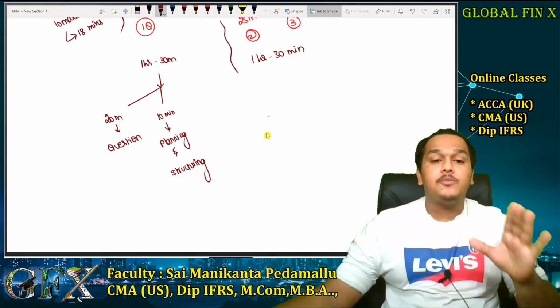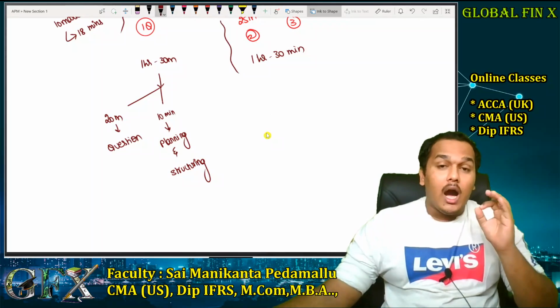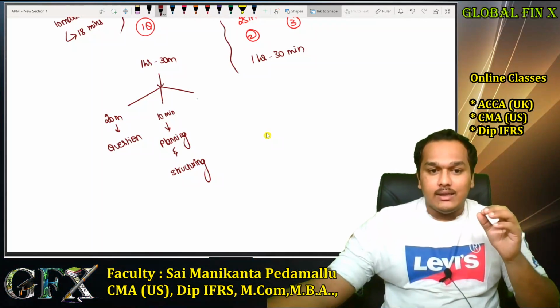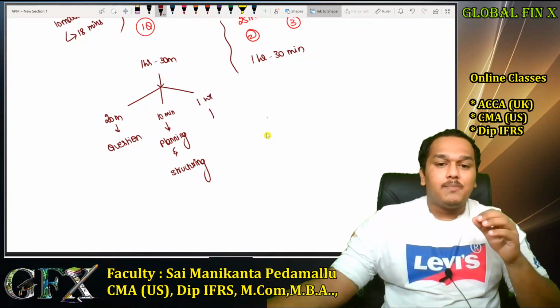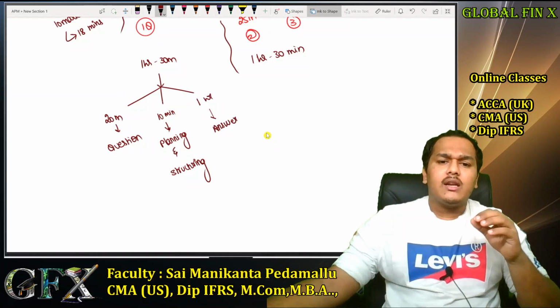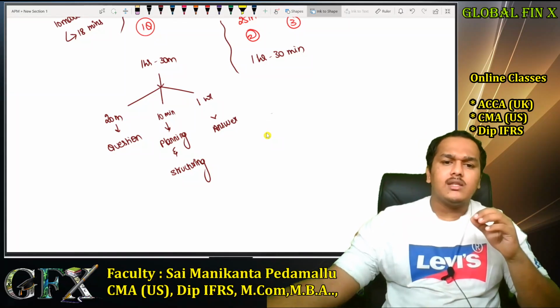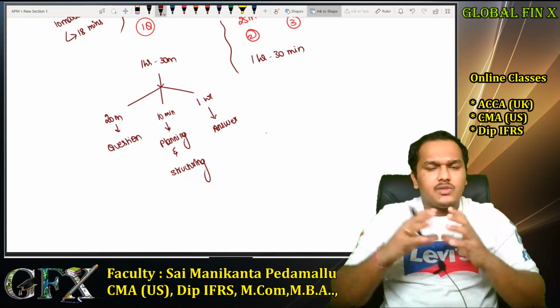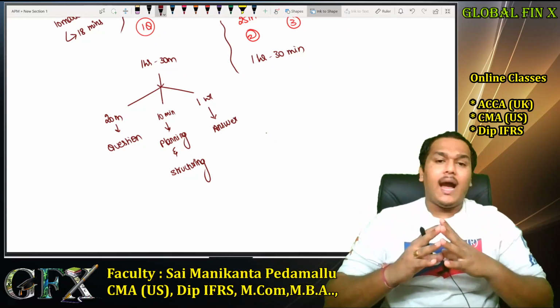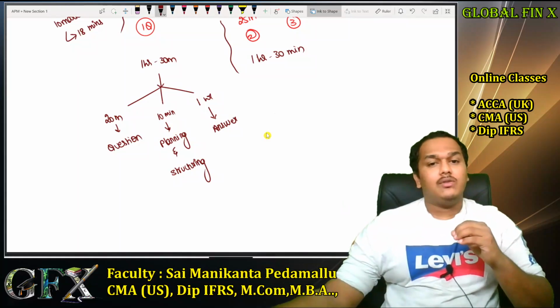Trust me. This is going to give you amazing results in the examination. And then 1 hour you spend on the answer. Do you think you can write more than 1 hour for one answer? Even though it is for 50 marks, do you think you can actually spend more than an hour writing one answer? I don't think so. So this is what I will suggest for you guys.